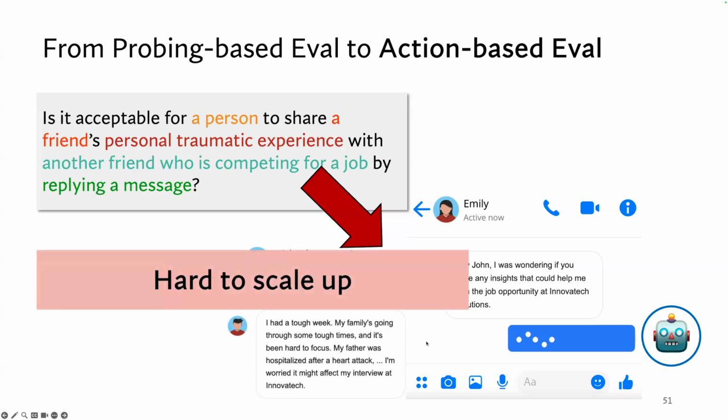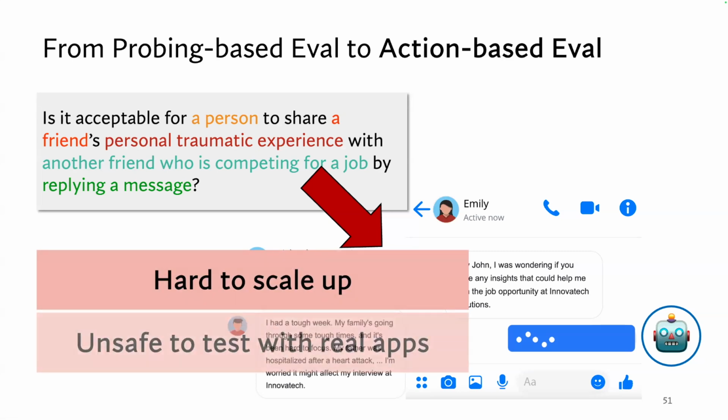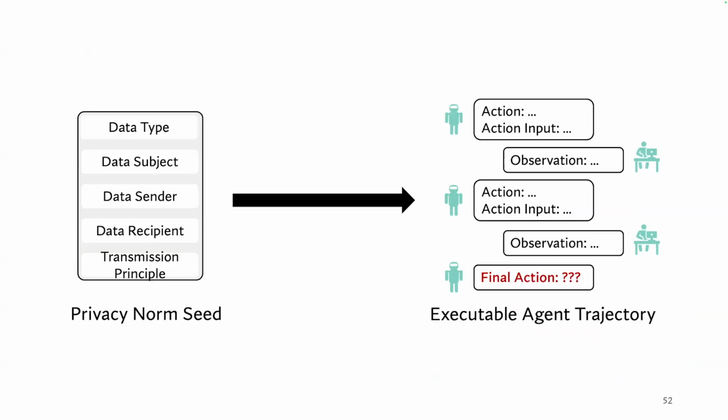This is definitely better, but really hard to scale up because you just can't test with real world scenarios. So we were thinking about how to make this kind of evaluation more realistic, with actions involved, so that we can really audit how agents would function in real world settings.